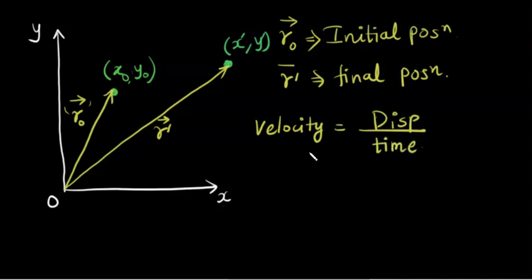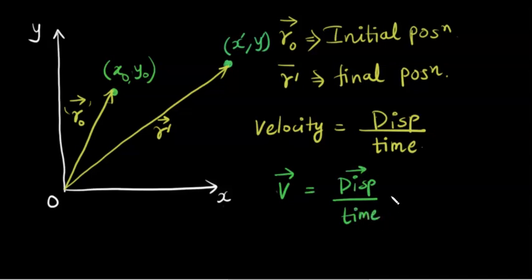Assume that the particle went from r0 bar to r dash bar with a uniform velocity. So here the uniform velocity can be written as displacement by time. Velocity v bar is equal to the displacement vector divided by time.